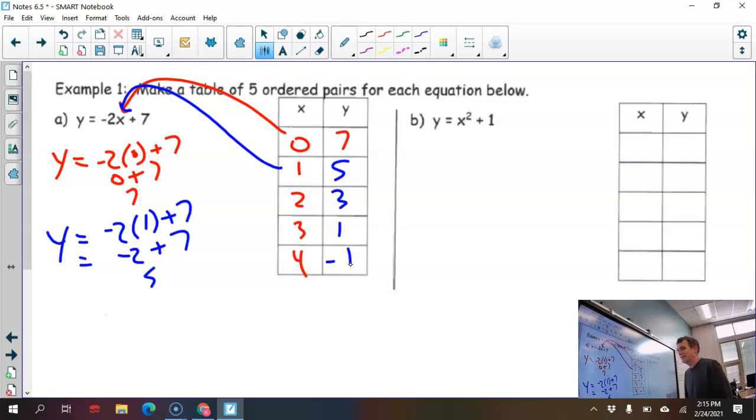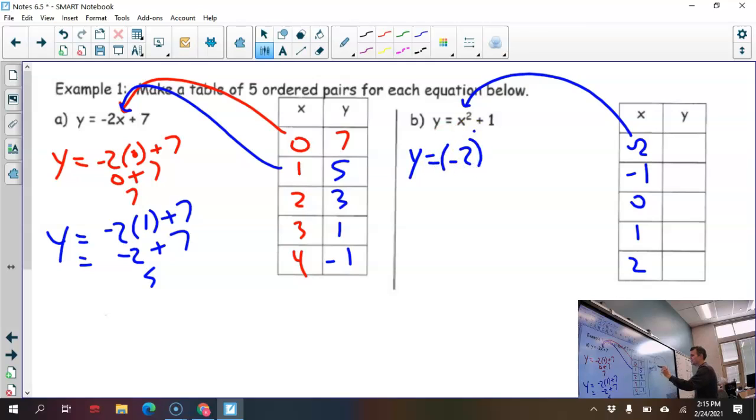Let's try a harder one. For this one, let's try negative 2, negative 1, 0, 1, and 2. I want you to see something here. So I start with the negative 2, and I put it in for x. Y would equal negative 2 squared plus 1.